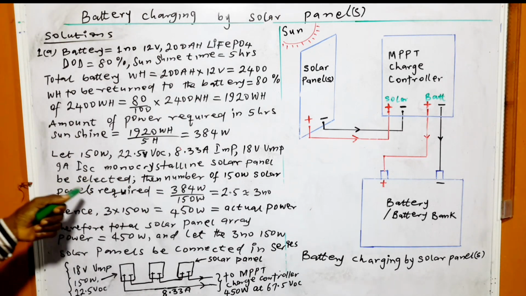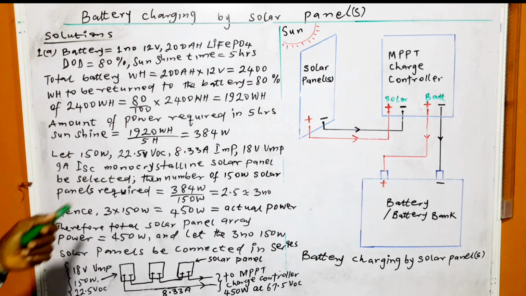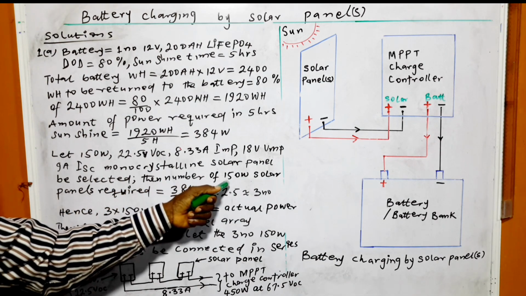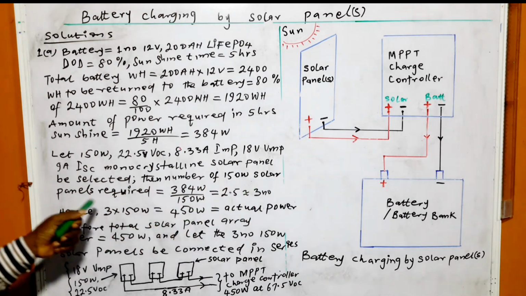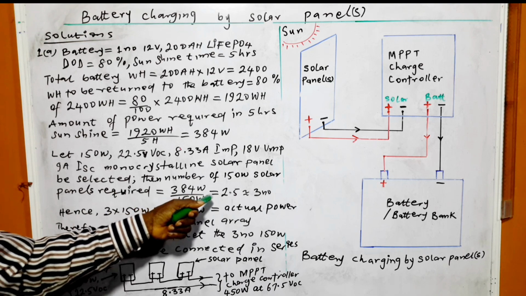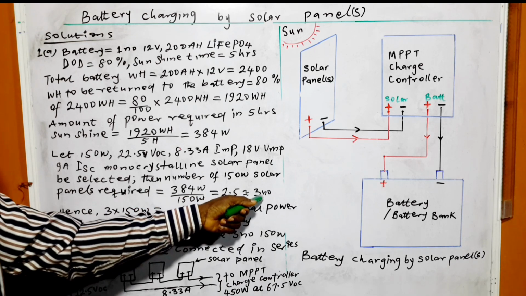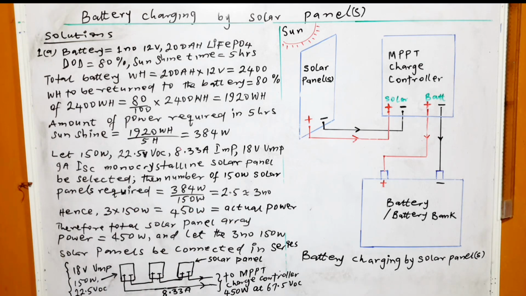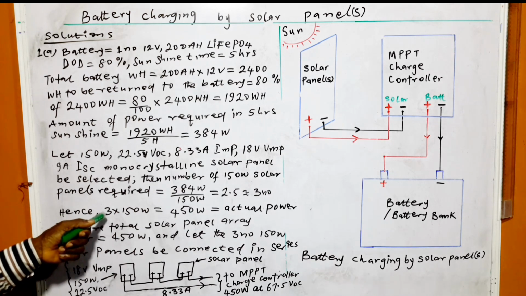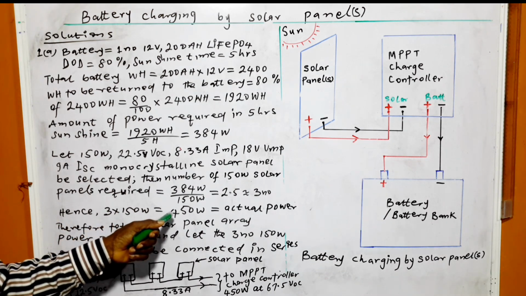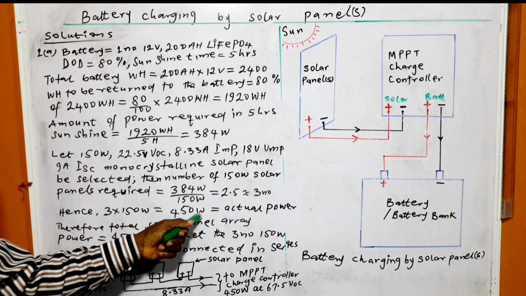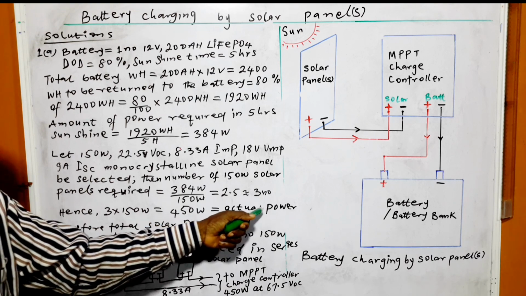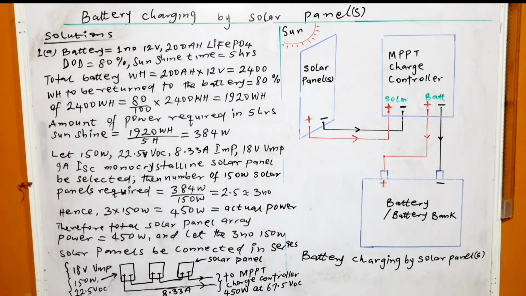That is the selection of the solar panel. Then number of 150 watt solar panels required is equal to 2.5, which is approximately 3 number. Hence 3 times 150 watts is equal to 450 watts, which is the actual power required.